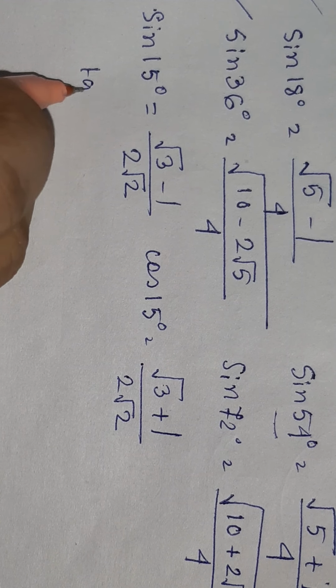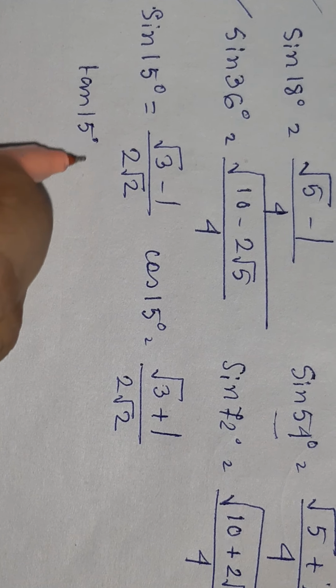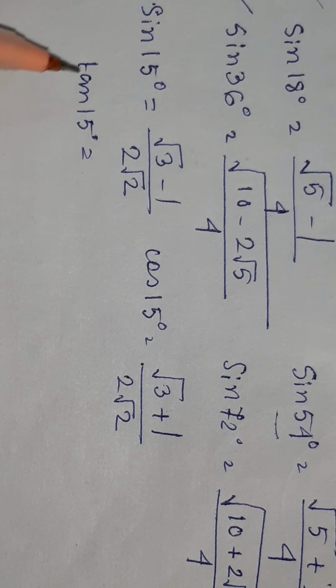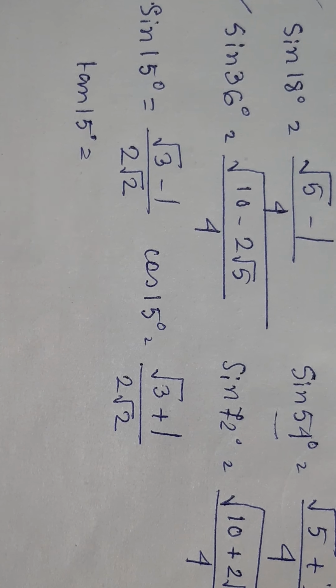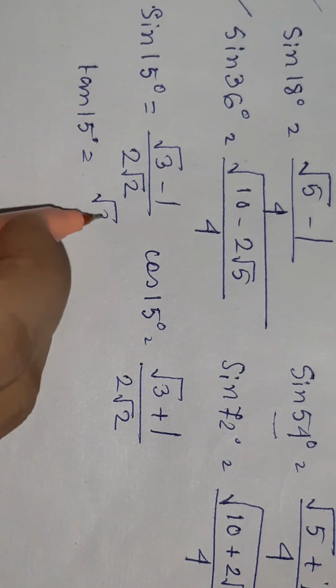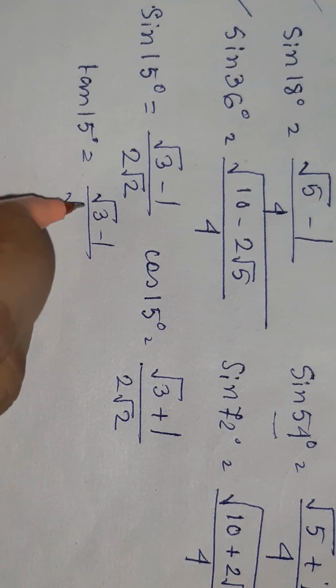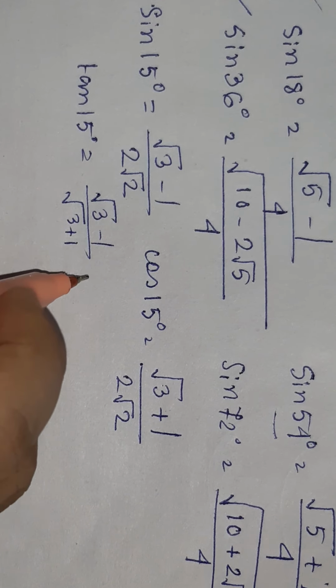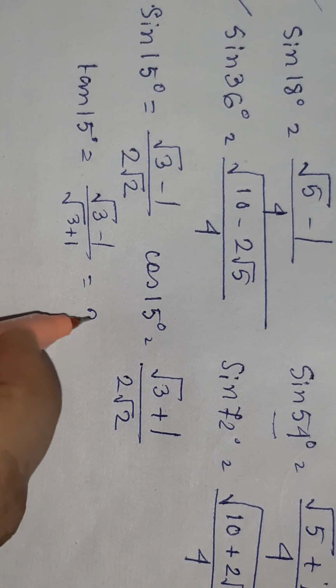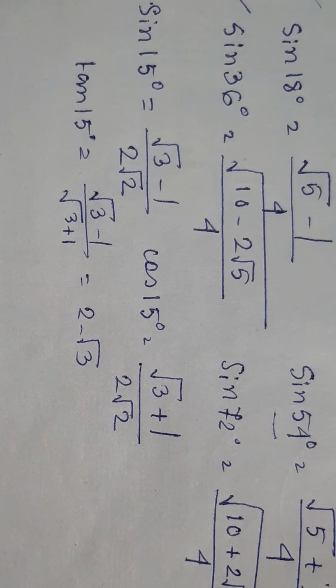And what is tan 15 degree? Tan 15 is nothing but sin 15 by cos 15, that is equal to root 3 minus 1 by root 3 plus 1, and if we simplify it, we get 2 minus root 3.